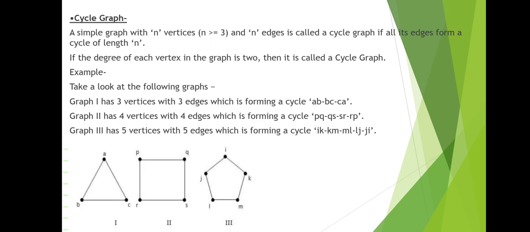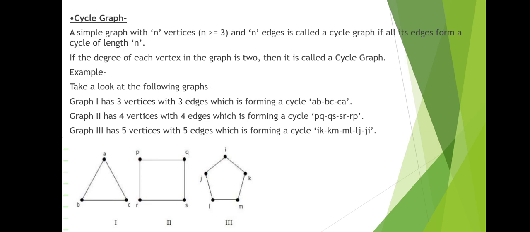Now what is a cycle graph? The name itself shows it: a simple graph with n vertices, where n is greater than or equal to 3 and n edges, is called a cycle graph if all its edges form a cycle of length n. If the degree of each vertex in a graph is 2, then it is called a cycle graph. So take a look at the example. Here there are 3 graphs.